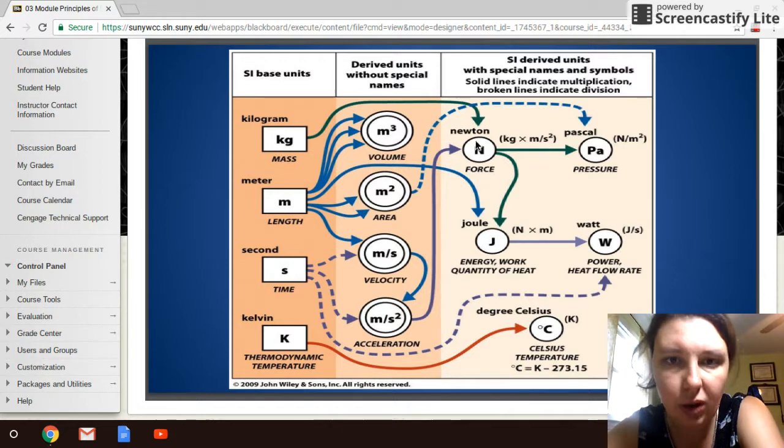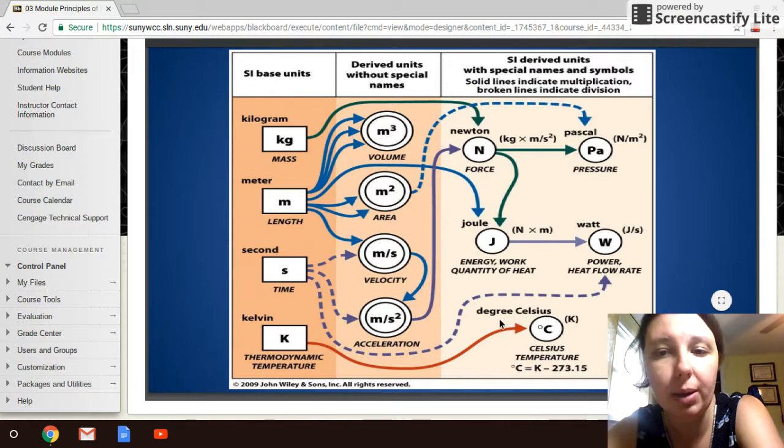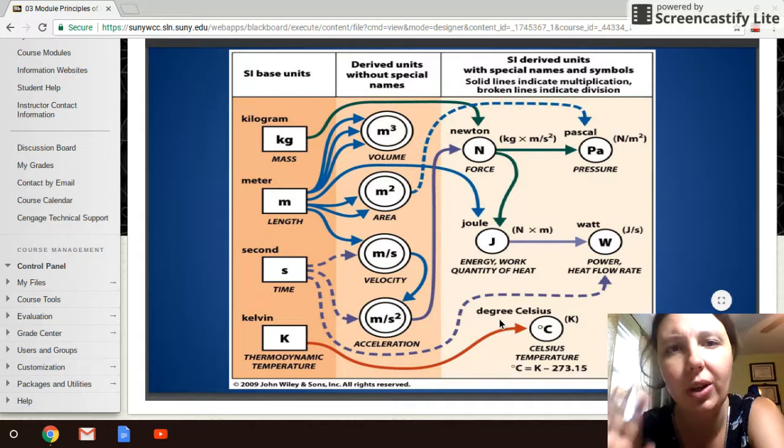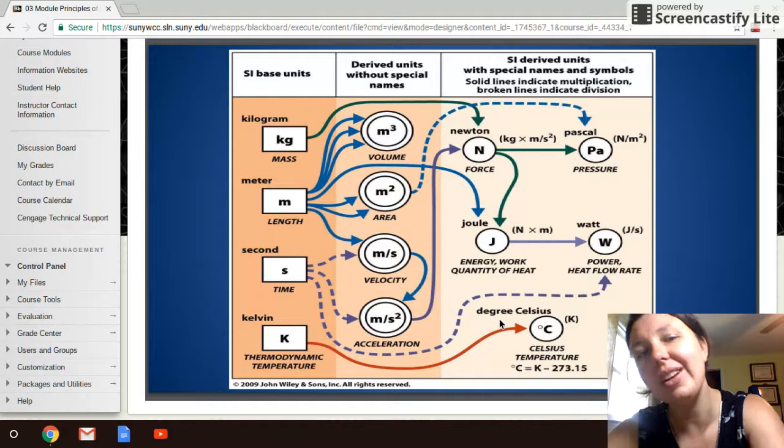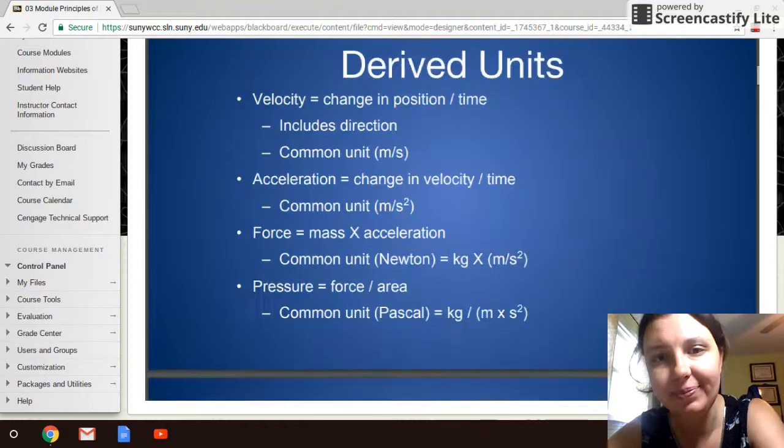And what does that all translate to? Well, it goes back to kilograms, it goes back to meters, and it goes back to seconds over here in time. So it gives you this little spaghetti graph that lets you follow things back to where they came from. And you might find this helpful. So it's one of those slides to maybe tag or screenshot just to have on hand to reference later on.